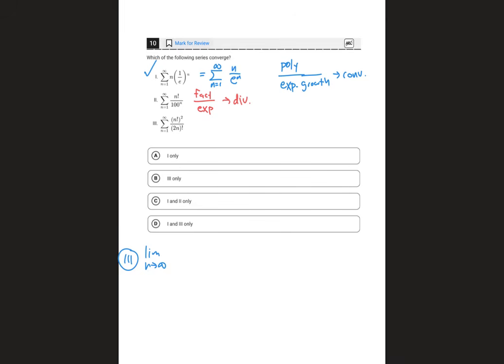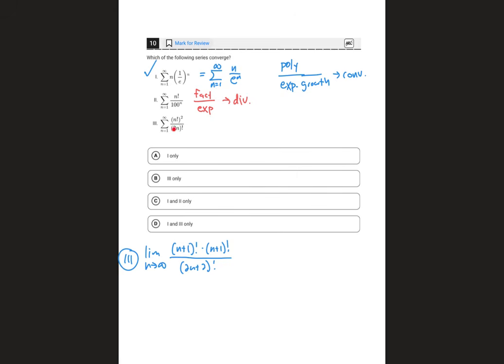So we'll do the n plus 1 version of this, and instead of n factorial squared, I'm going to write it out as n plus 1 factorial times n plus 1 factorial. The bottom will be 2n plus 2 factorial.